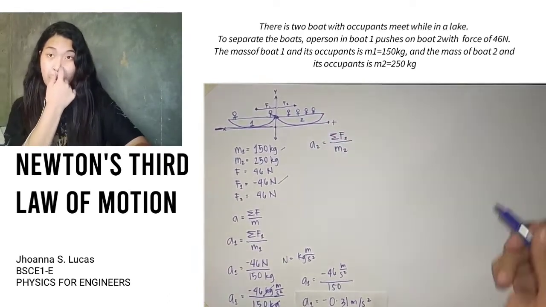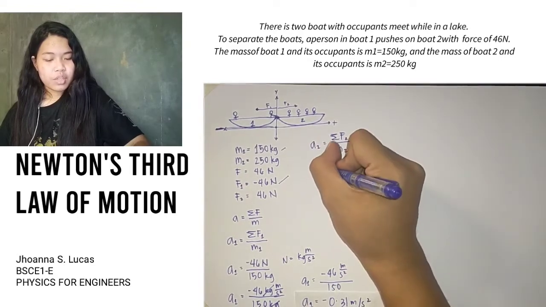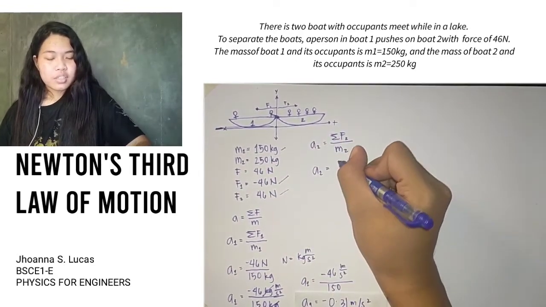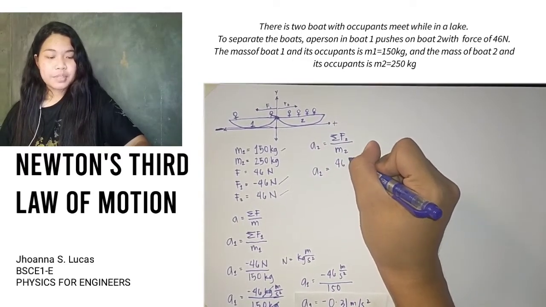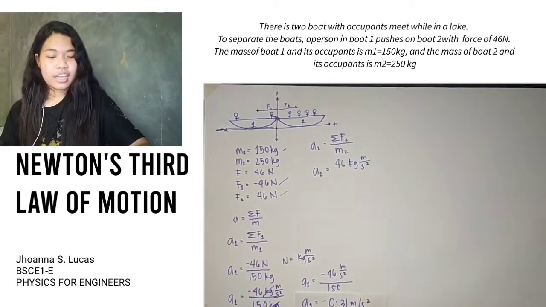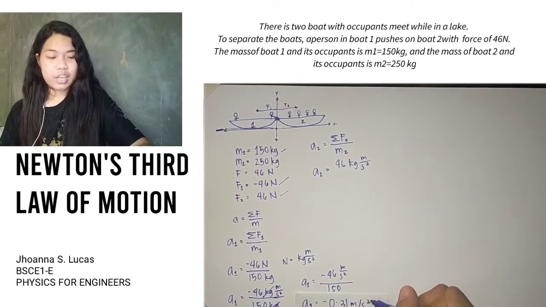So we will substitute it. So a sub 2 is equal to 46 newtons or 46 kilogram times meter per second squared, for us to cancel again the kilogram, for us to have the unit of acceleration, which is meter per second squared.